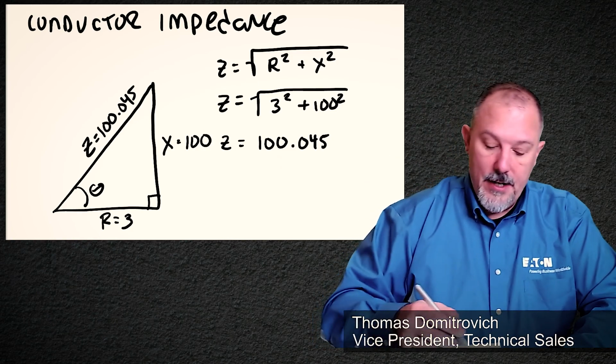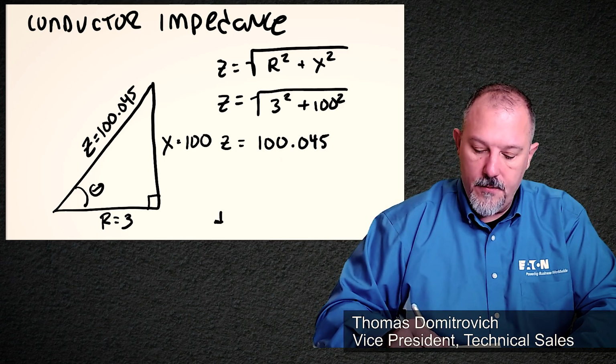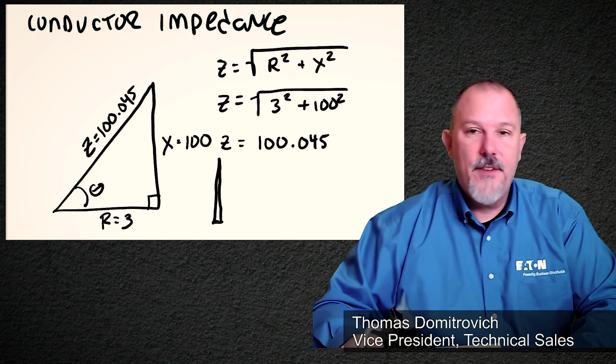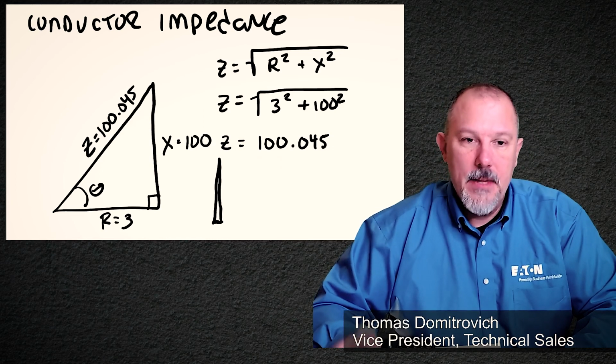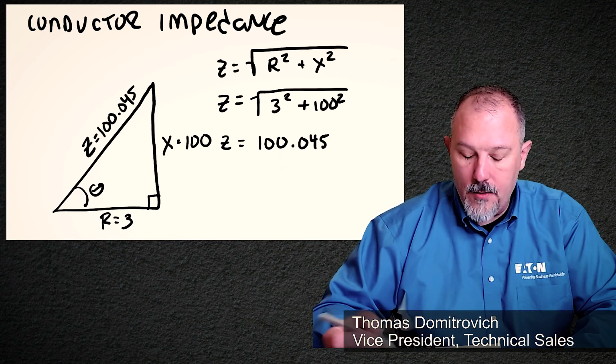That's because if you drew this to scale, you'd have a very small 3 and a very tall X, right? That angle theta is going to be pretty big. Now, how do I calculate theta?